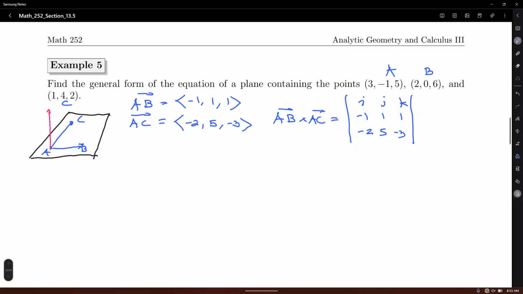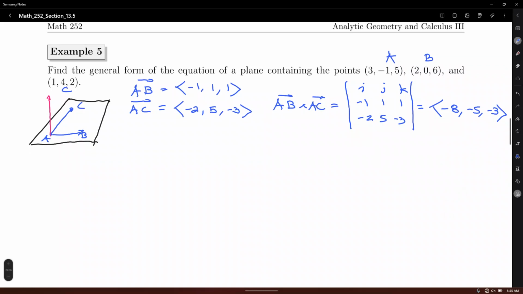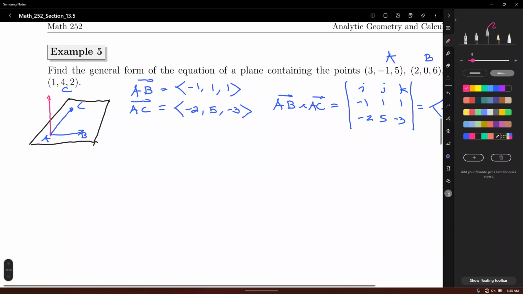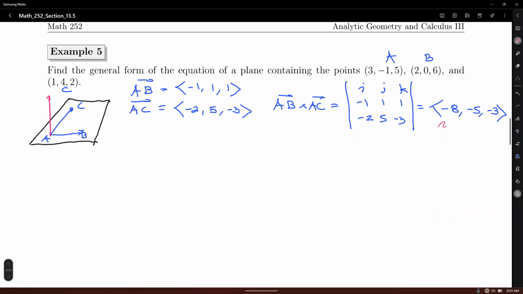All right? And again, I'm going to skip the process for the cross product. I'll just give you the answer so we can move quicker. Okay, so that'll give us the vector negative 8, negative 5, negative 3. So those are going to be the components of this vector. So this vector is the vector n. Let me label it. This is n.